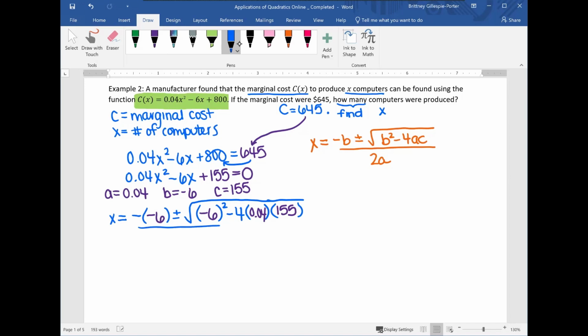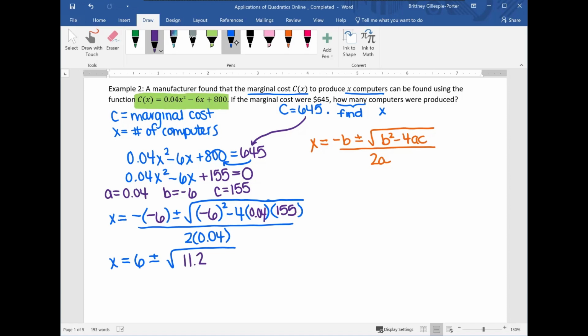all over 2 times a, which is our 0.04. The opposite of negative 6 is positive 6, plus or minus the square root. If we take negative 6 squared minus 4 times 0.04 times 155 in our calculator, you should get 11.2.